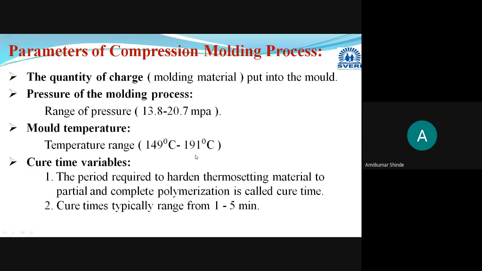And the cure time, or curing time, which is the time required to harden the thermosetting material and partially or totally complete the polymerization process. Generally for compression molding, it is in the range of 1 to 5 minutes.